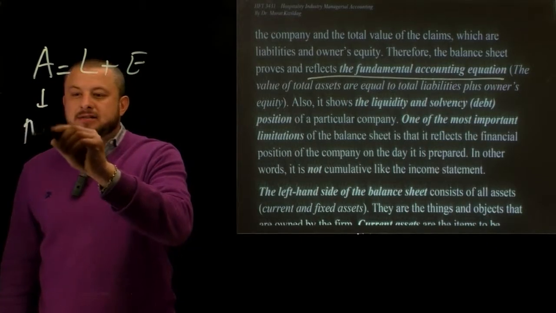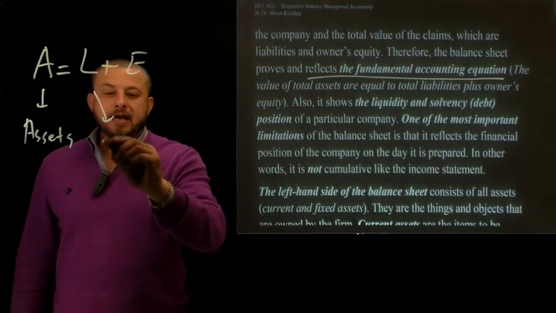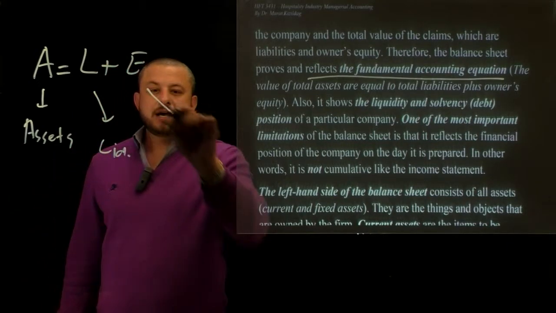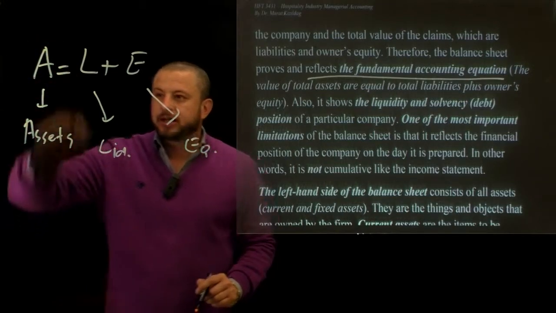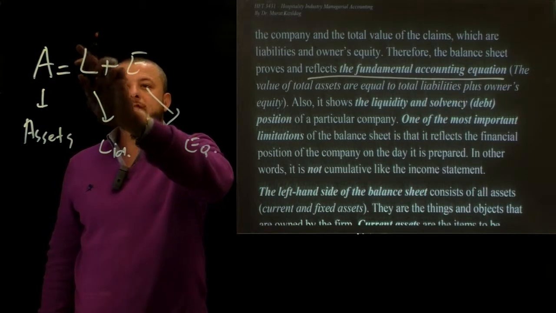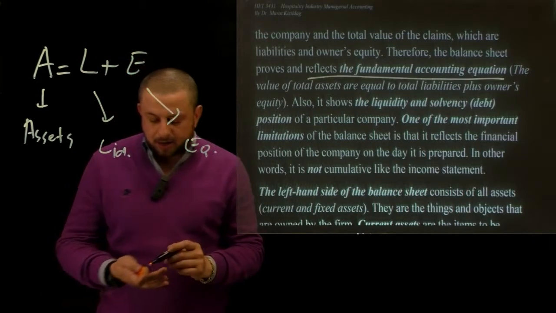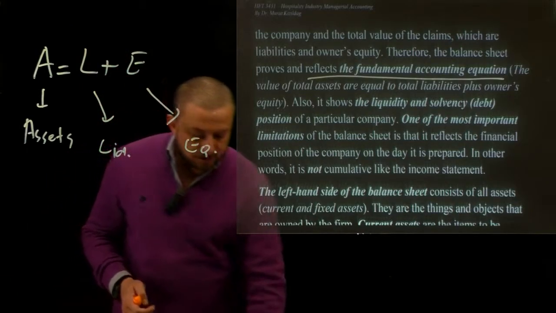These are the assets, total assets of course. We have liabilities over here, and the owner's equity over here. So the total value of the assets has to be equal to the total value of liabilities plus the total value of equity, and of course the balance sheet follows this fundamental equation.